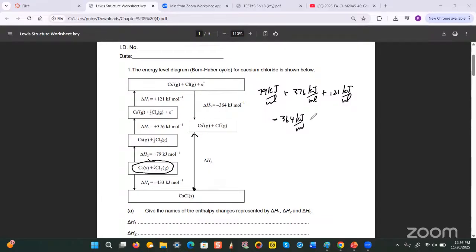And then I'm going to equate that to minus 433 kilojoules per mole plus delta H lat, which is what we're trying to find, right?